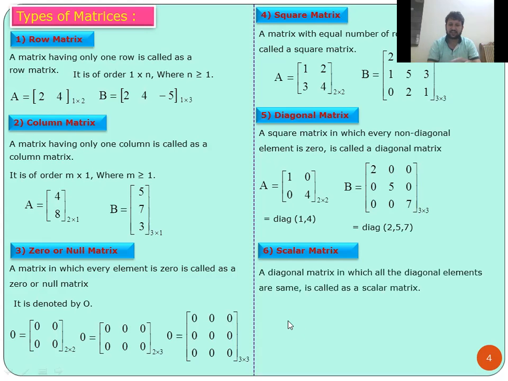Check definition here. A diagonal matrix in which all the diagonal elements are same is called as scalar matrix. Example, check this matrix A, diagonal element 5, 5, same diagonal element, non-diagonals are 0. This is a scalar matrix. For order 2 by 2 also, and next for order 3 by 3.